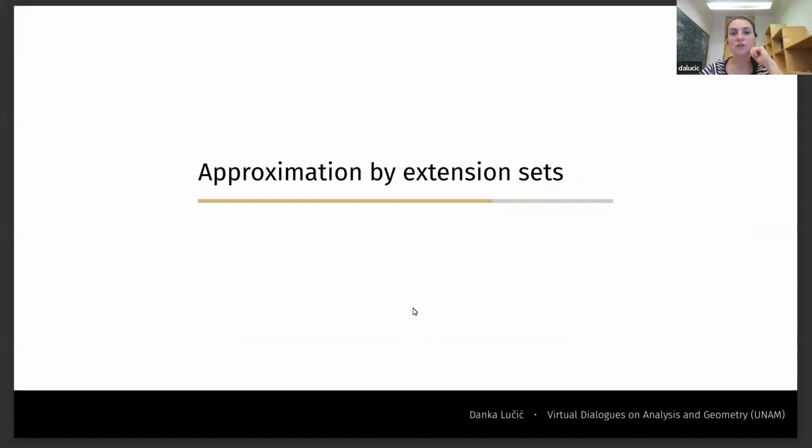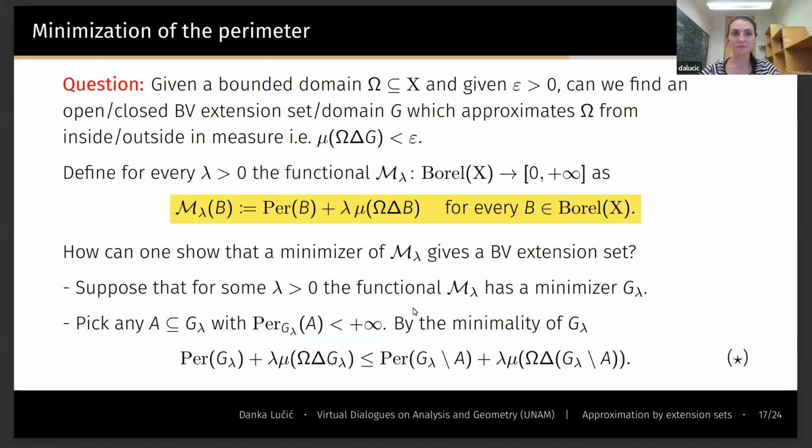So what we are going to study is approximation of a given domain in a general metric measure space by extension sets. So this is our question. Given a bounded domain and given an epsilon, we are asking ourselves if we can find an open or closed extension set, or a domain, which approximates omega from inside or from outside, so that the measure of the difference is less than epsilon.